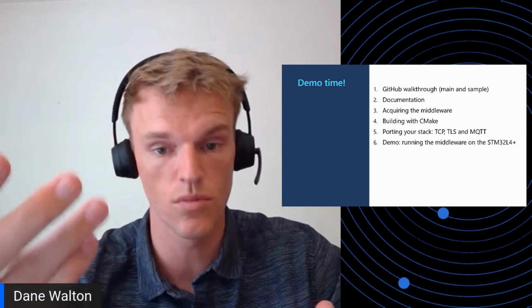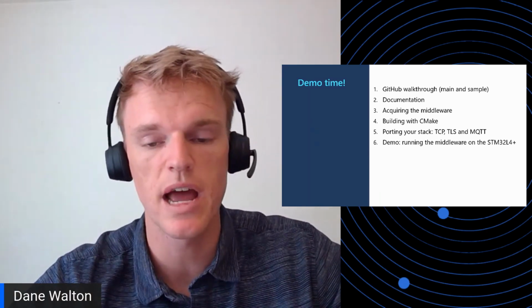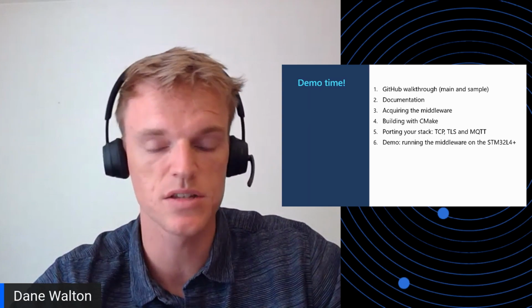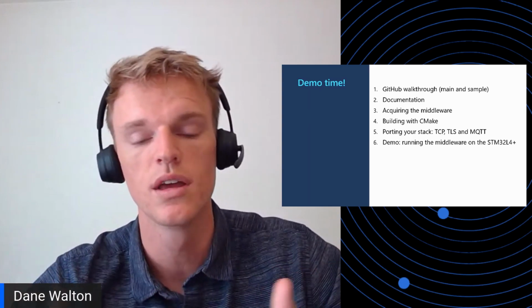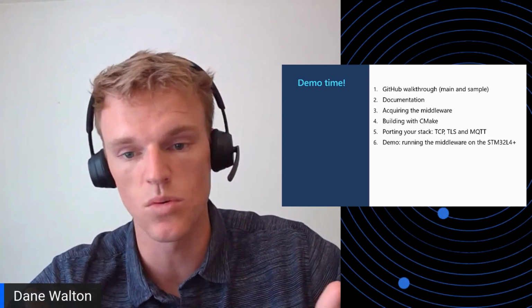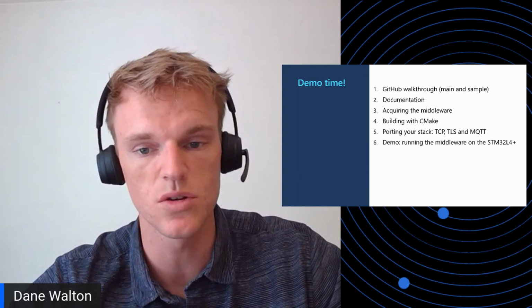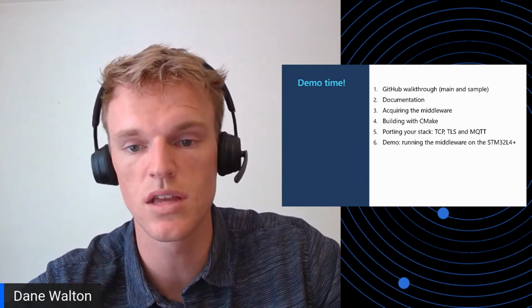How do you integrate it? For the next point, that being building with CMake. And then we have some guidance on how to port your different stacks. So TCP, TLS, MQTT, that kind of stuff. How do you get your own into that? And then we'll also go over the demo. So we'll actually run a demo on an STM32L4 Plus. So with that, let's go ahead and get to the GitHub repo.